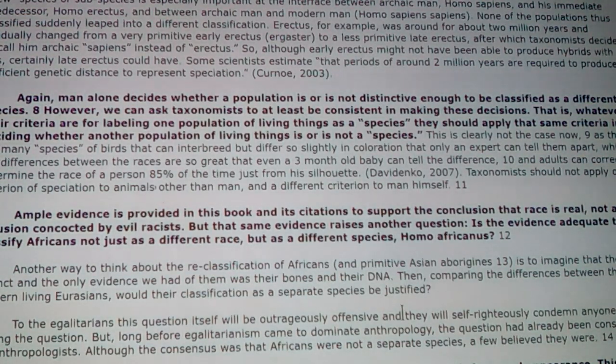This is clearly not the case now with humans, as there are many species of birds that can interbreed but differ so slightly in coloration that only an expert can tell them apart.